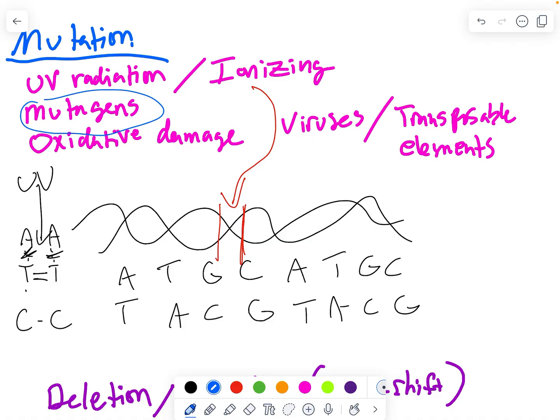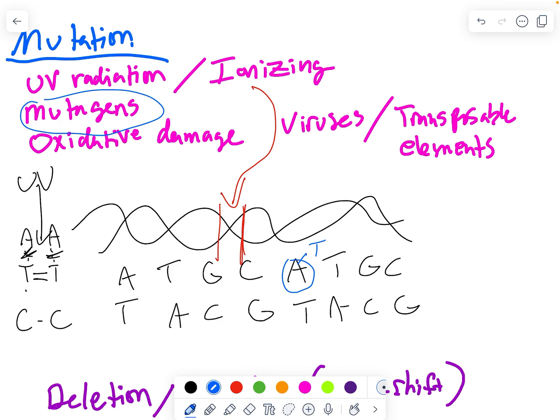So as an example, they might take this adenine and chemically modify it such that it behaves like a thymine. It happens in all kinds of ways, but that's just a simplified way to think about it. It changes how those bases behave.